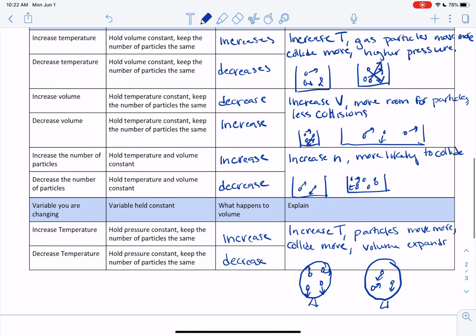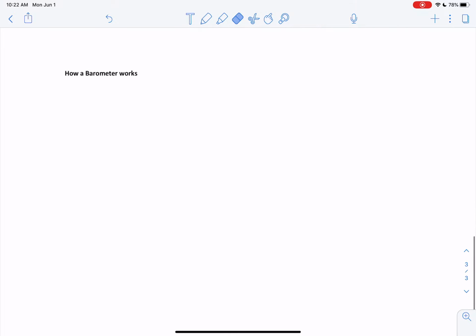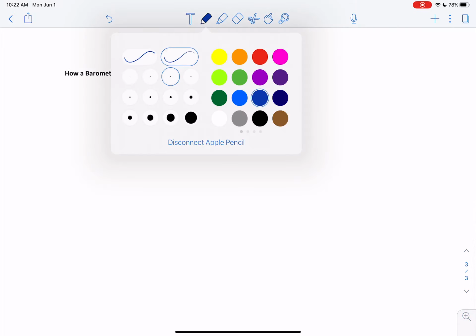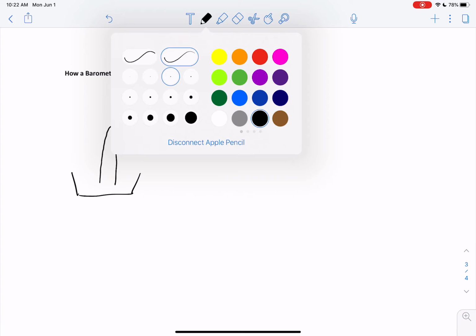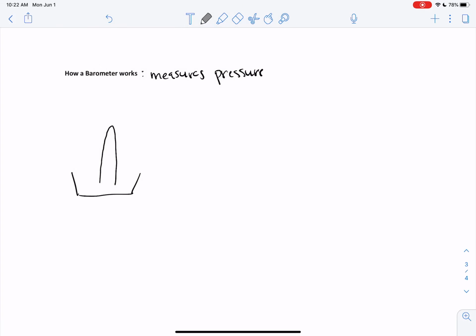The very last thing I want us to know is how a barometer works. So a barometer measures pressure. And the way it does that is it has this tube of mercury that's sitting in a pool of mercury. Mercury is a liquid.